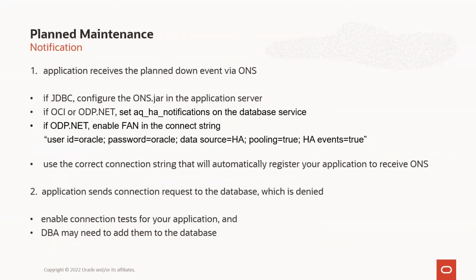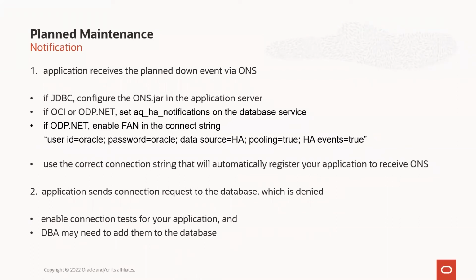Okay, so notification. Talked about this one already. But anyway, we've initiated the drain. So now your application has received the planned down event. To do so, we have to make sure we use the right connection string. But we also make sure, if we're using JDBC, we configure the ons.jar.